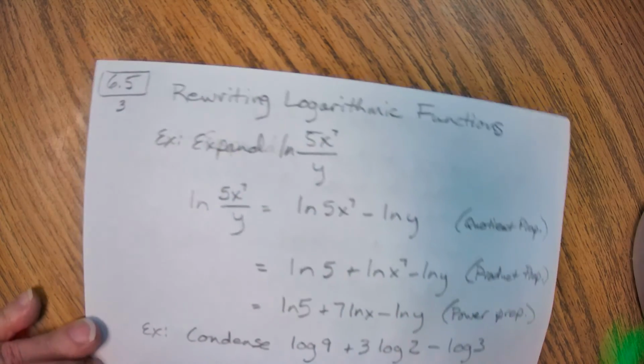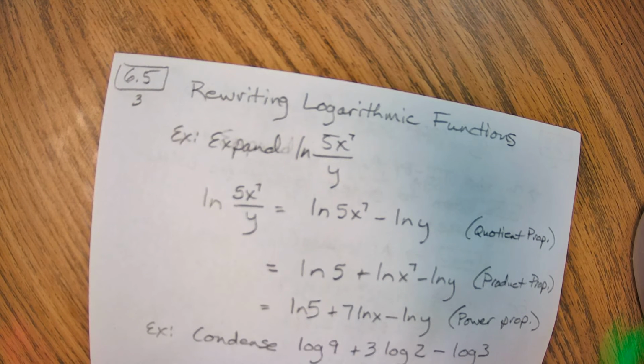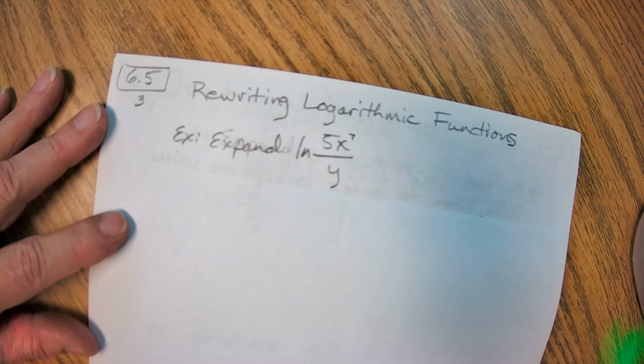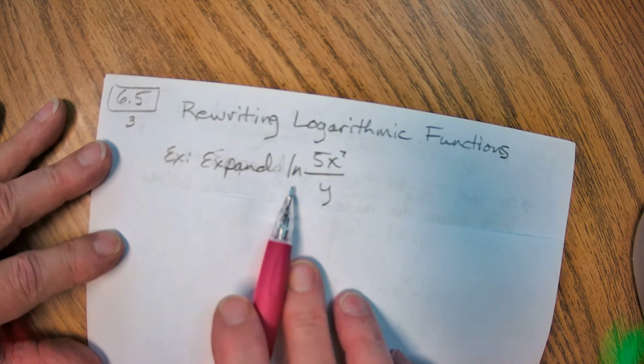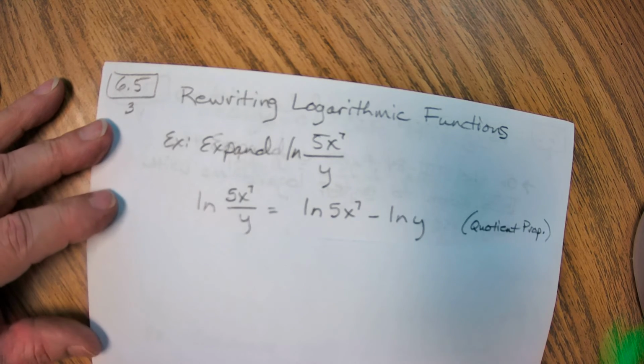The next section we're going to talk about, well, not section, we're in the same section. We're going to talk about rewriting logarithmic functions. So we're going to be expanding or condensing. In this case, the directions say to expand the natural log of 5x to the 7th divided by y.